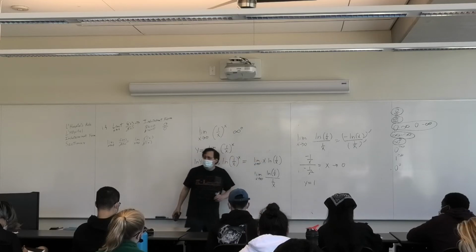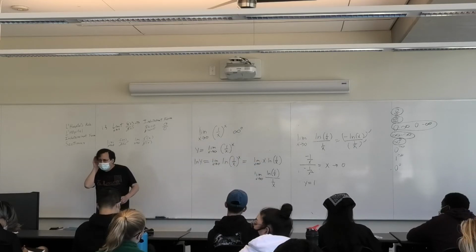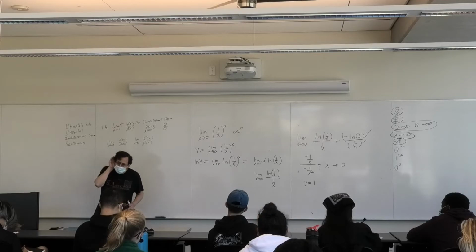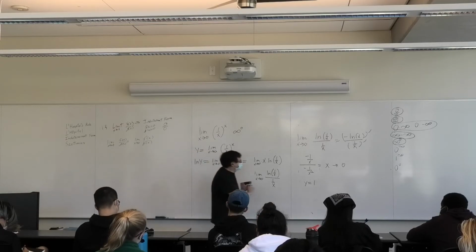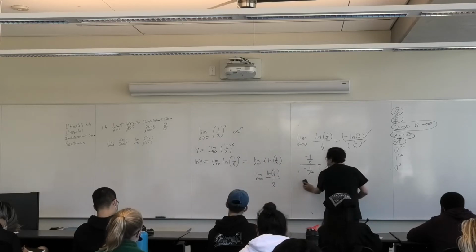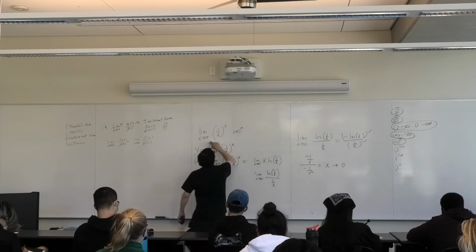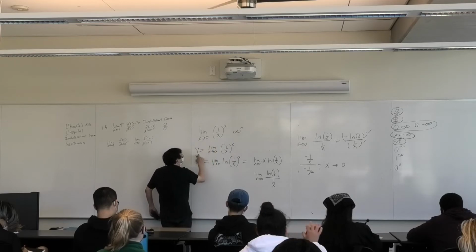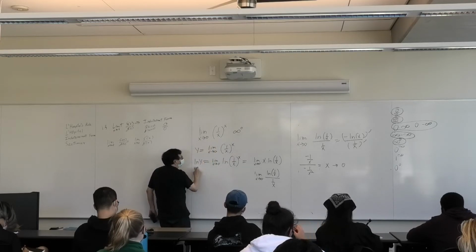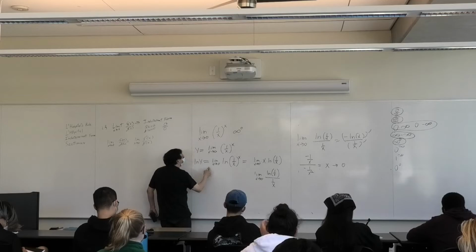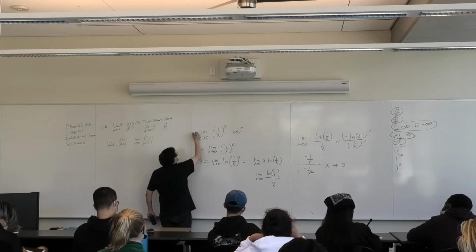Yes? So the x goes to 0, and then how does the y equal 1 again? Okay, I start with this, right? But I find the log of both sides. I mean, y is what I'm looking for.